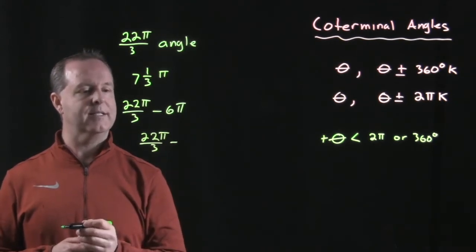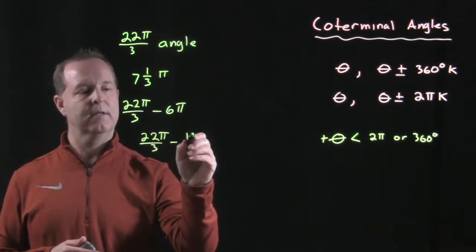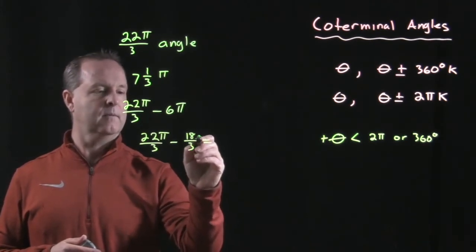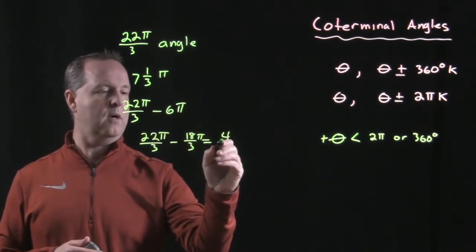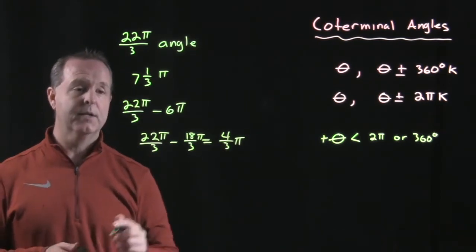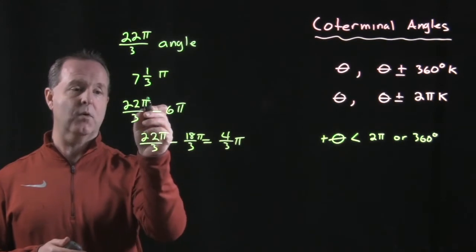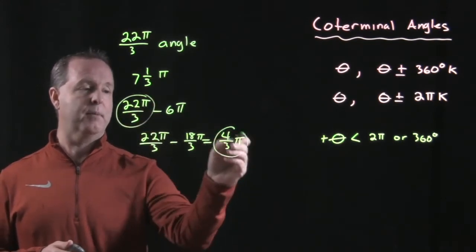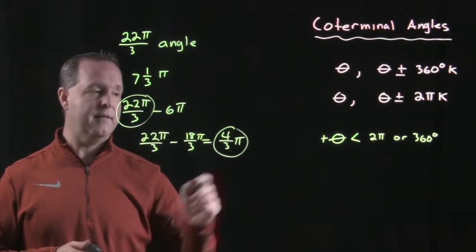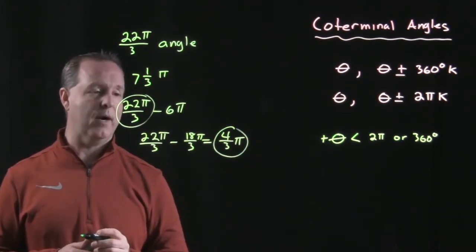In order for that to work, it has to be over 3. So what is that, 18/3? And I'm left with 4/3 pi, which is indeed less than 2 pi. So 22 pi thirds is coterminal with 4/3 pi. I found the one coterminal angle that meets these requirements.